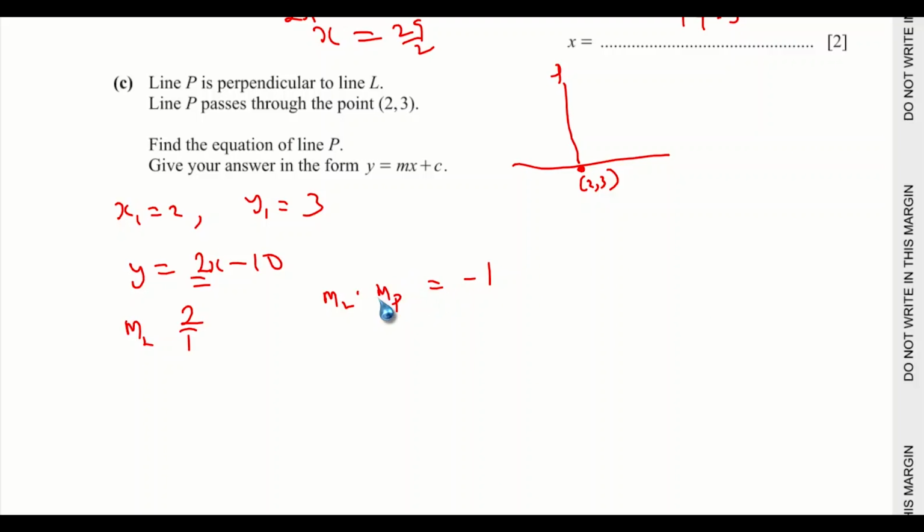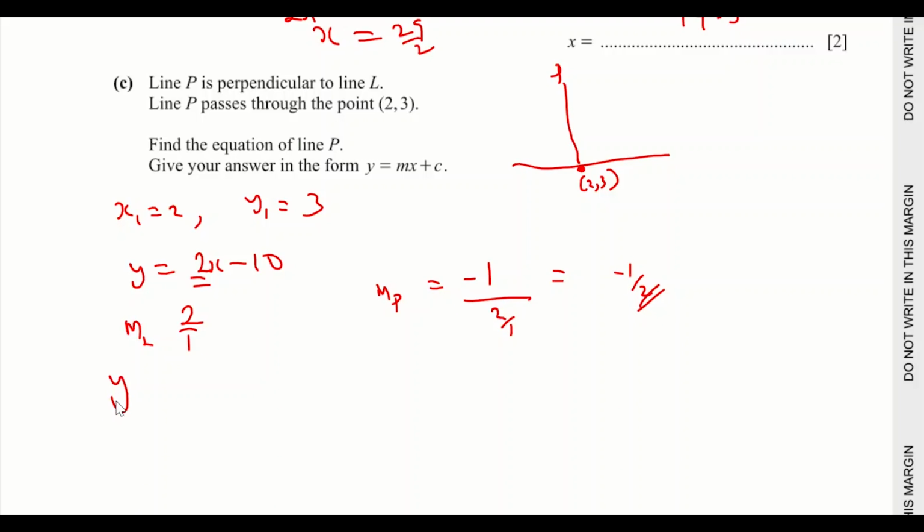Since we need the gradient of line P, we divide both sides by the gradient of line L, which is 2 over 1. That will give us -1 over 2, the gradient of line P.